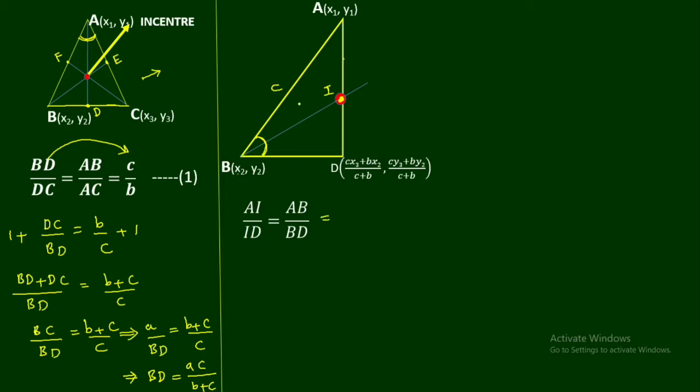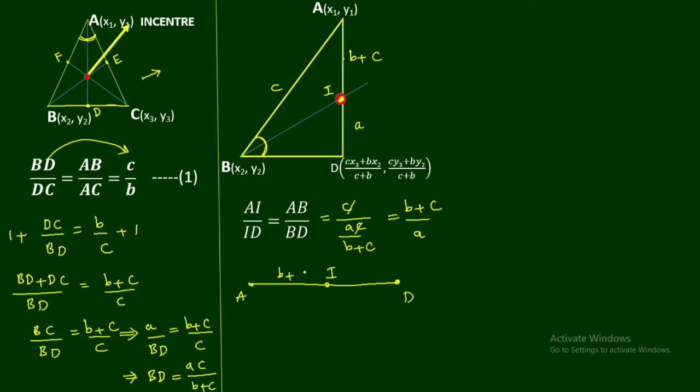AB is c here. So c by what is BD? Just now we have derived ac by (b + c). So c gets cancelled and this will be (b + c) by a. This I divides AD in the ratio of b plus c is to a. Now we have it like this: this is A and this is D and this is I.